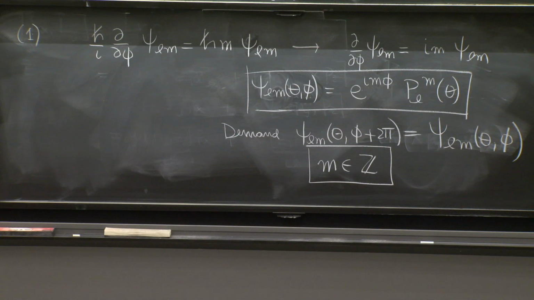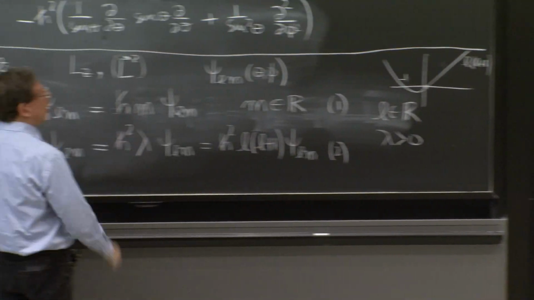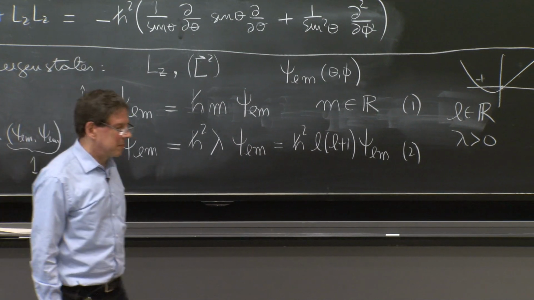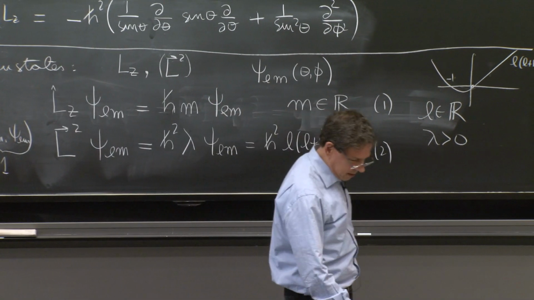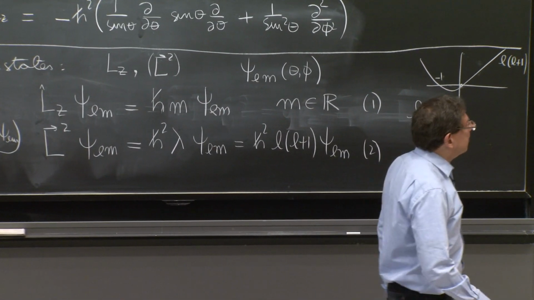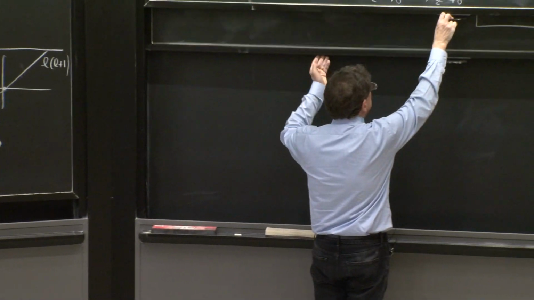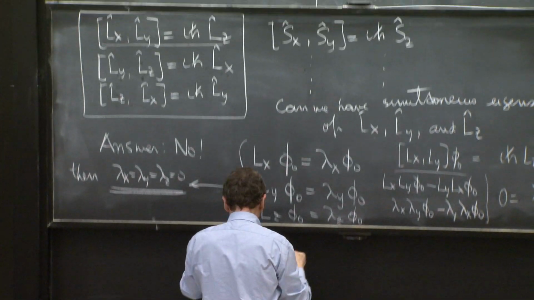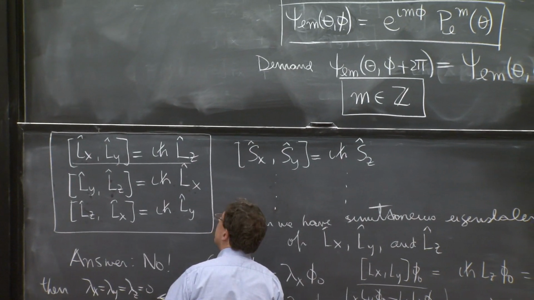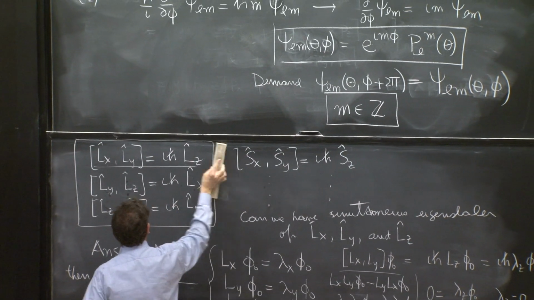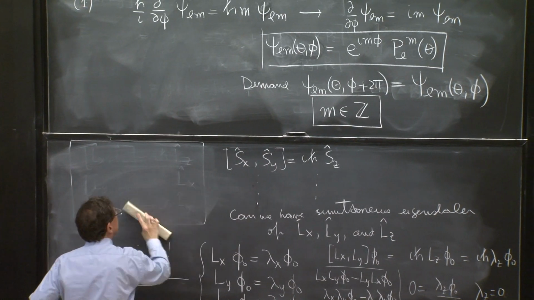The eigenvalues of Lz are quantized. They have to be integers. That was easy enough. Let's look at the second equation. That takes a bit more work.